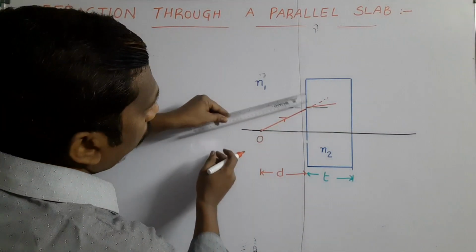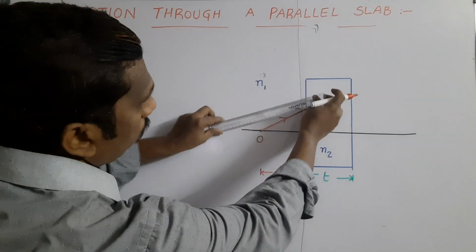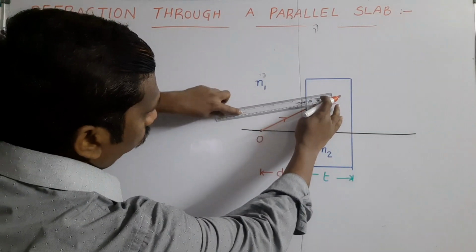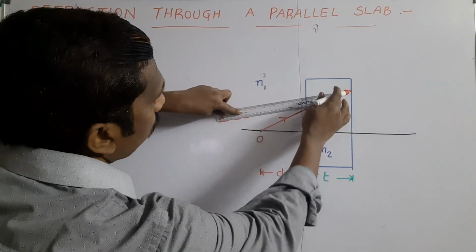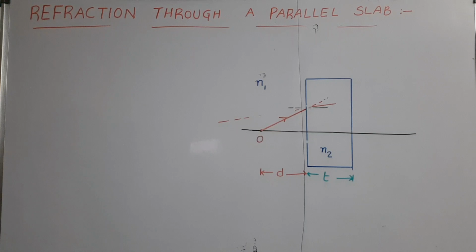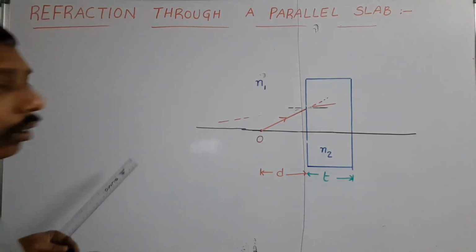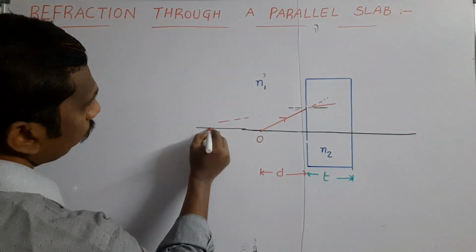Because of this bending, it forms an image at some other point. If we extend these lines back, they meet the axis and form an image at some other point. Here its image is formed.